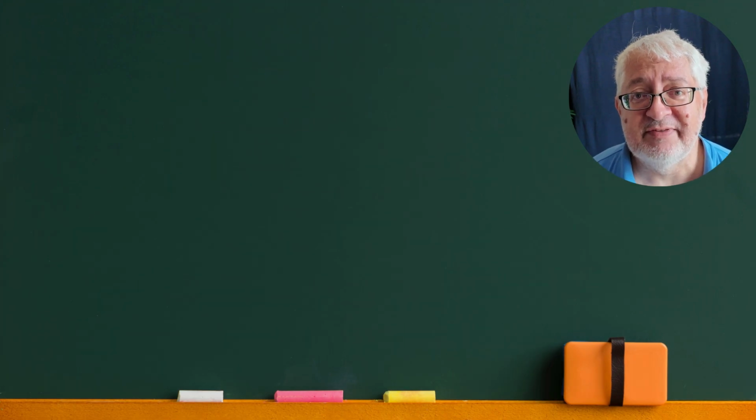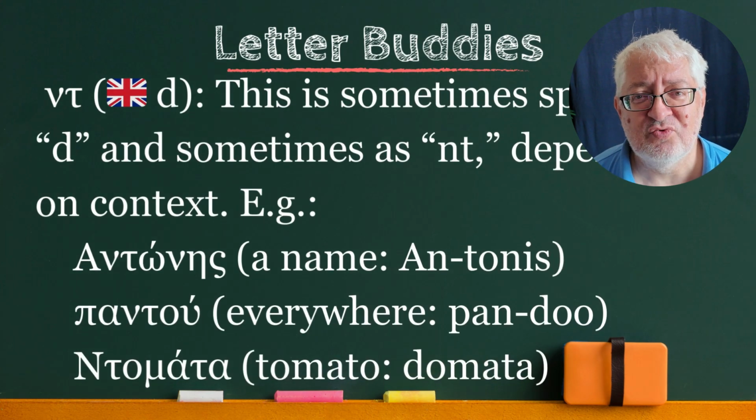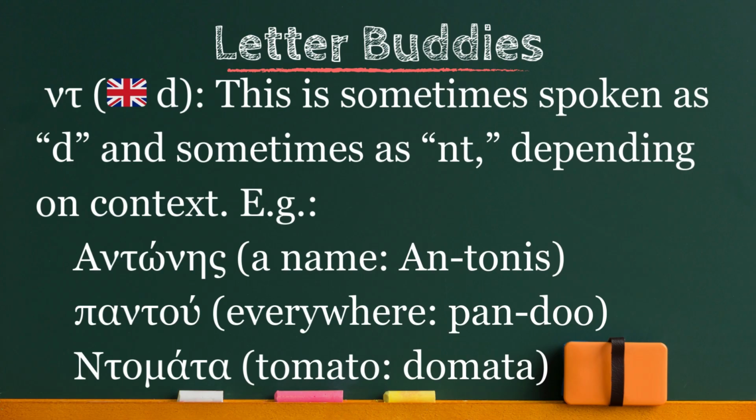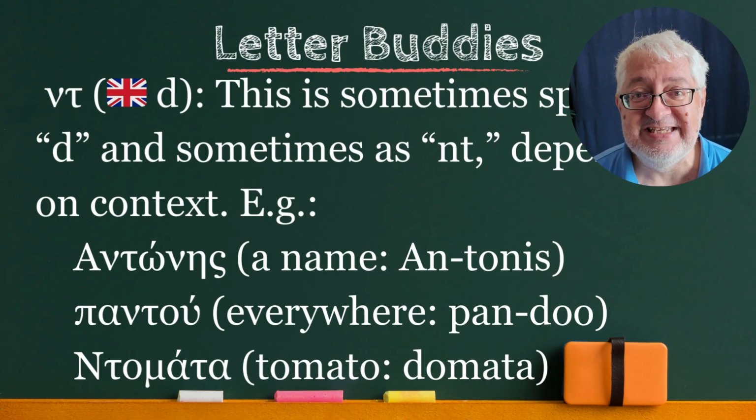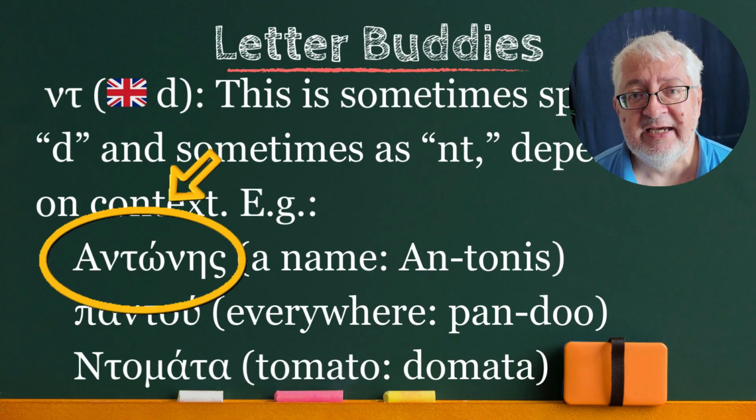So here are some examples of that, and you will see that there are actually two different ways to pronounce it. You can tend to separate the N and the T from each other and have an NT pronunciation, or you can really have a full D where the two letters are not separate, but they produce a new sound together. And you see this in words like Andonis down here.